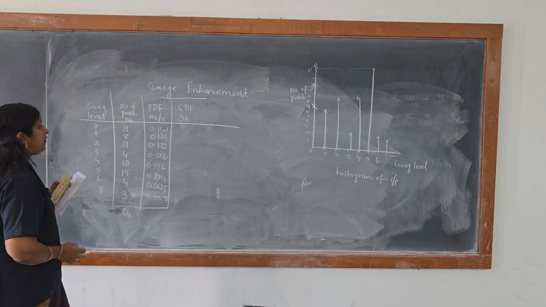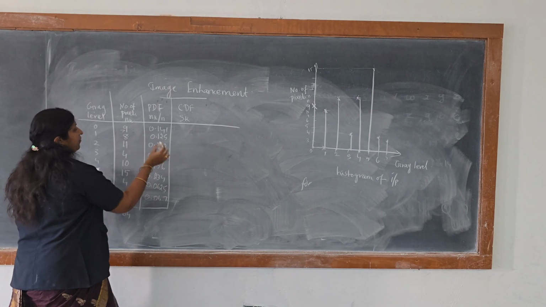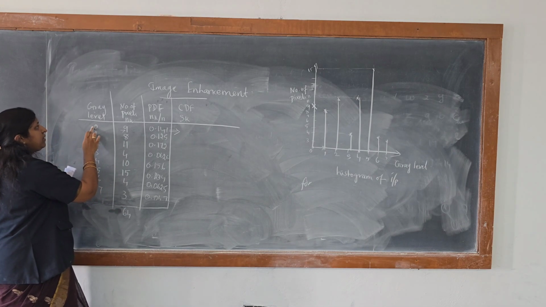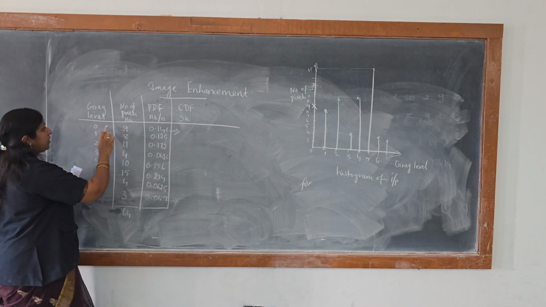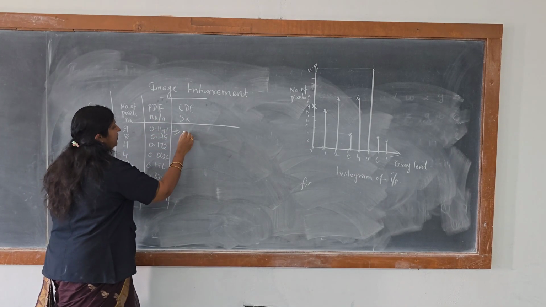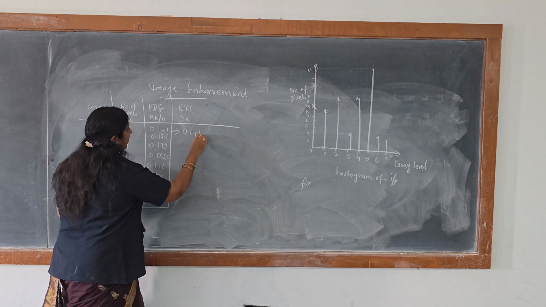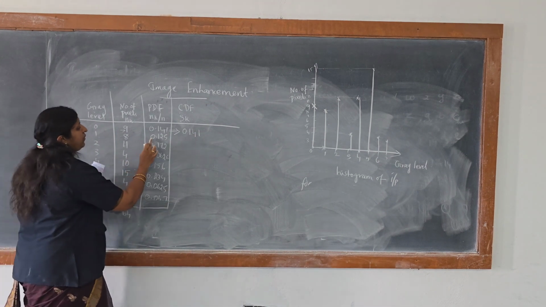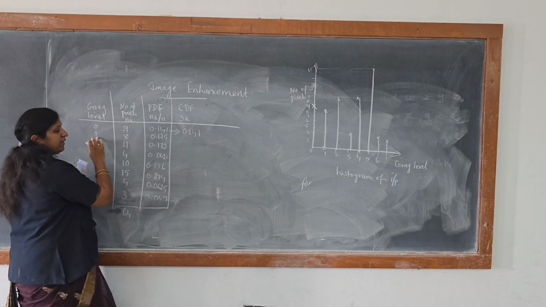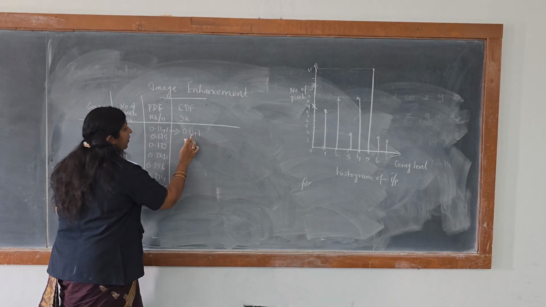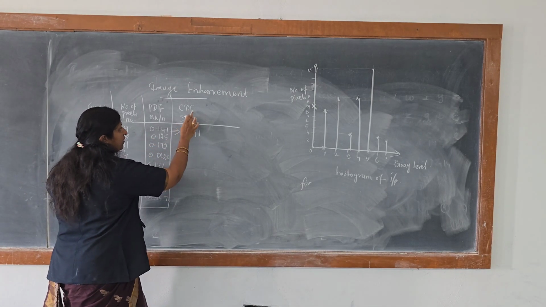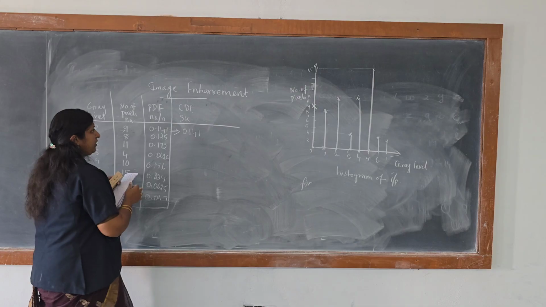For the first pixel value, we take the same value as the cumulative value, that is 0.141. For the next one, we add this value with the PDF value of the next gray level. So 0.141 is added with 0.125, and you will get the new cumulative density value.